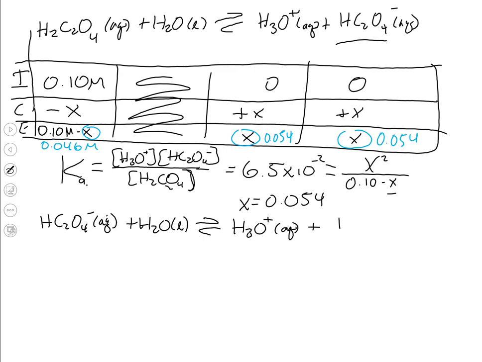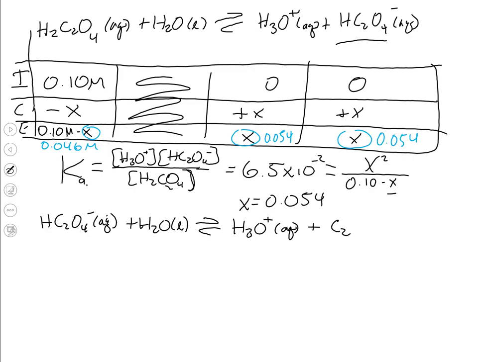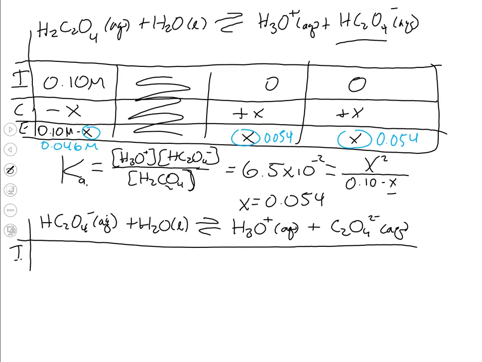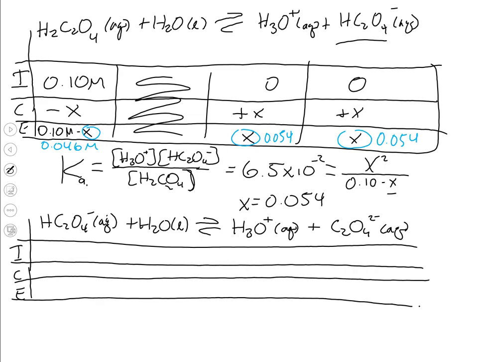And now we're just going all the way down to oxalate ion, and ignoring water. So at the start of the second ionization, what is our concentration here of hydrogen oxalate?